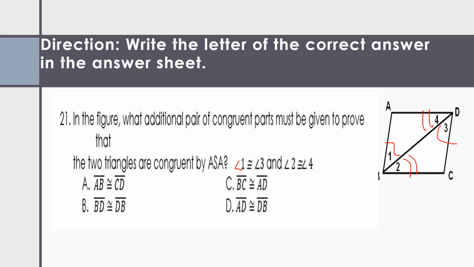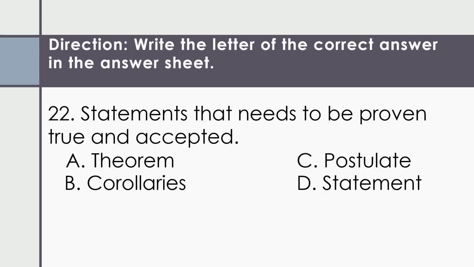So we have BD is congruent to DD. Next, a statement that needs to be proven true before being accepted is called a theorem. Unlike a postulate, a theorem has to be proven true before accepted.